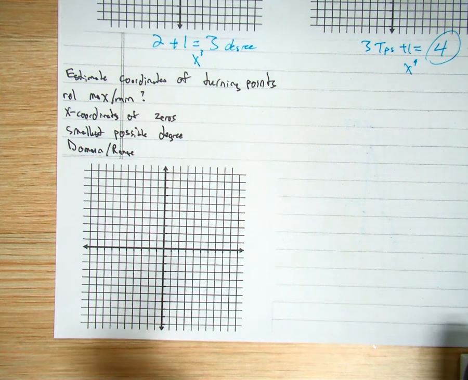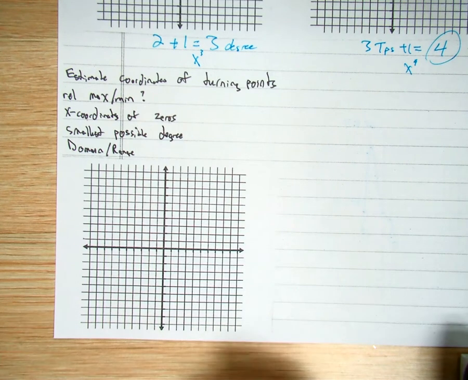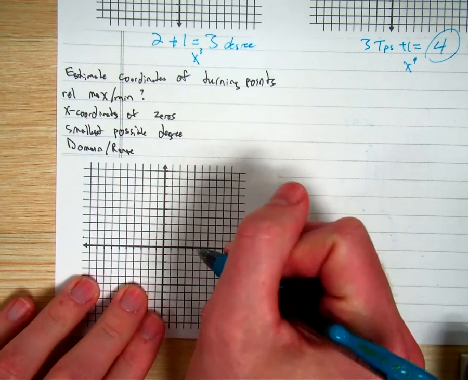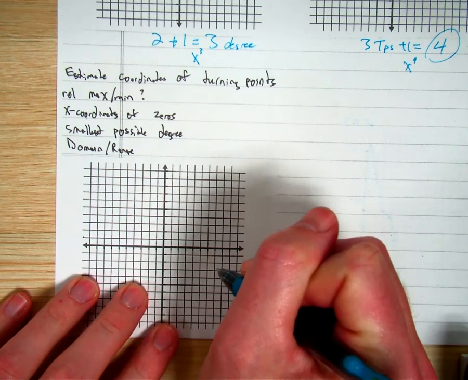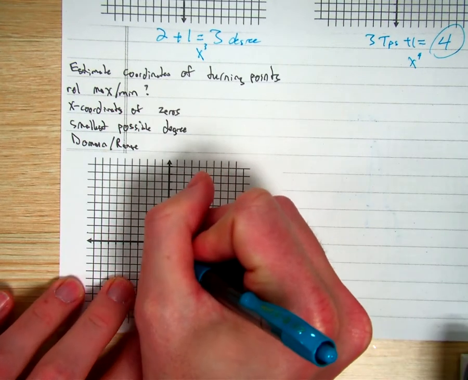Most of these in the book are going to be pretty nice, obvious things. Some of them you're going to have to think a little bit. It might not be exactly 1 or 2. It might be like a 1.5. You're just going to have to do the best you can. There's going to be some flexibility on these answers, but I'm going to try to do one here for you. It should be pretty obvious.